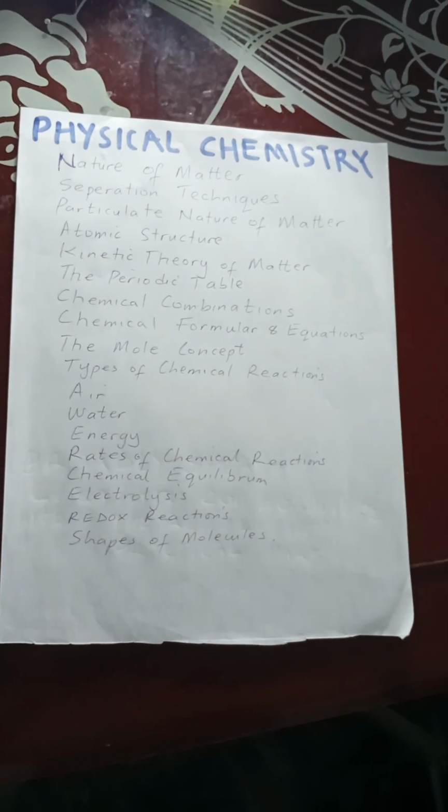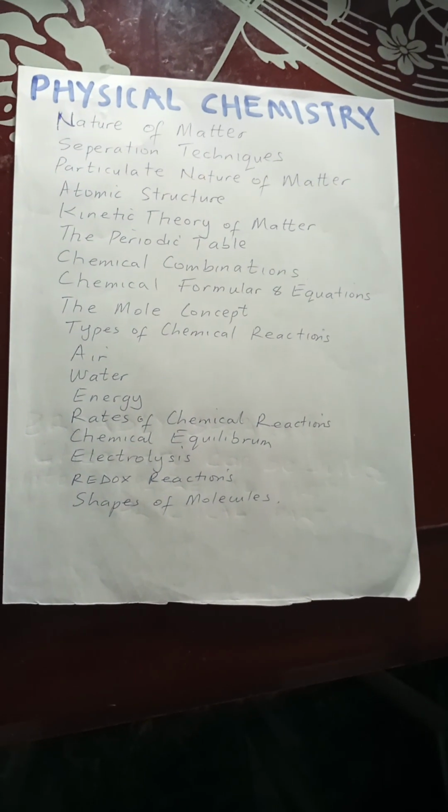I'm sure these are some of the topics we've heard already, or you have been taught already, and these are the basics. These are the things that show us what the periodic table is, the chemical formulas, atomic number, periodicity. This is all under physical chemistry.